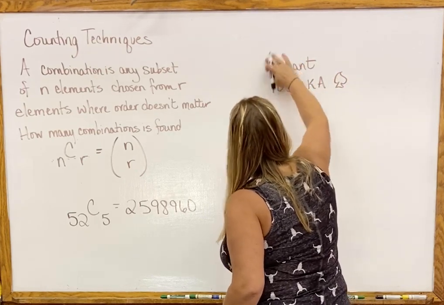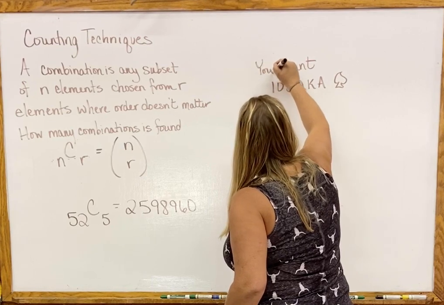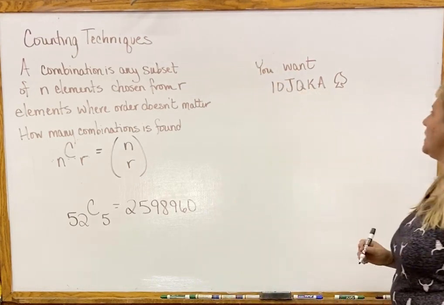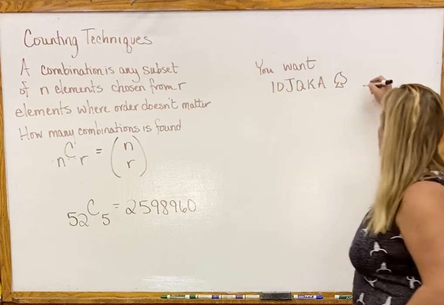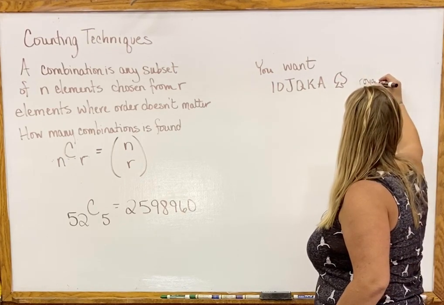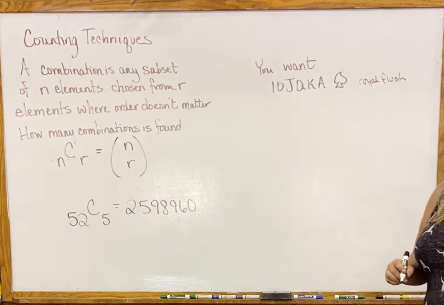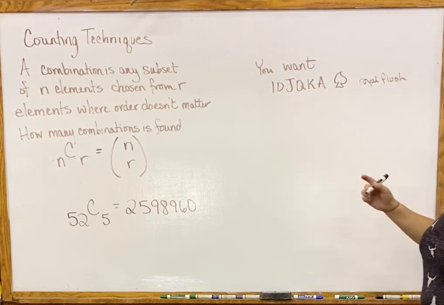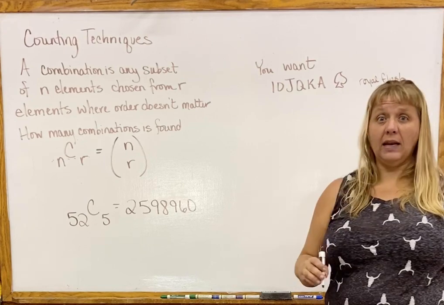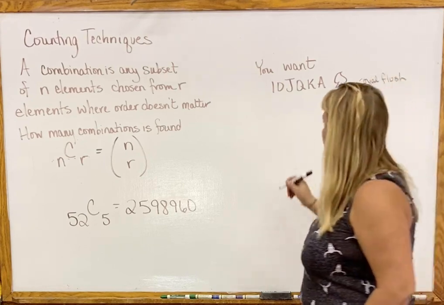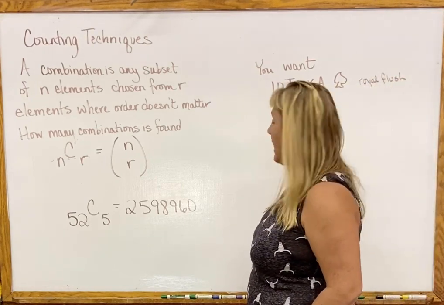You want the 10, Jack, Queen, King, and Ace of Spades. This is called a royal flush. There's only one way that this can happen. You've got to get the 10, Jack, Queen, King, and Ace of Spades. So there's only one of these hands.